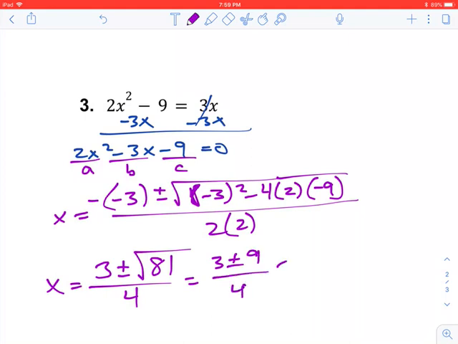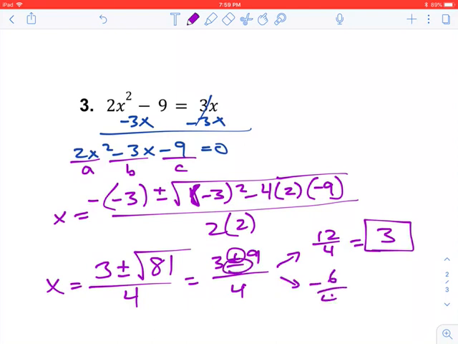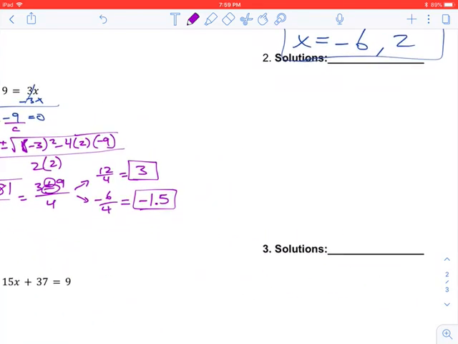And so now I'm ready to split it up. 3 plus 9 is 12 divided by 4, which is 3. And then 3 minus 9, which is negative 6 divided by 4, which is negative 1.5. And decimals are again just fine. So x equals 3, x equals negative 1.5.